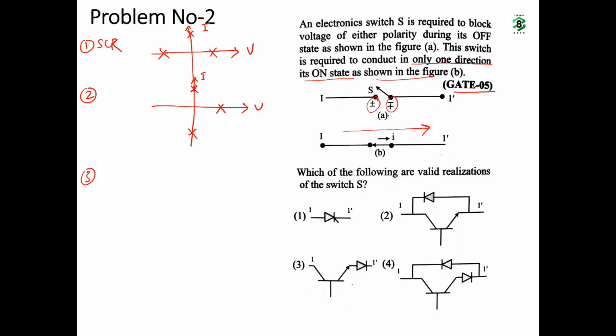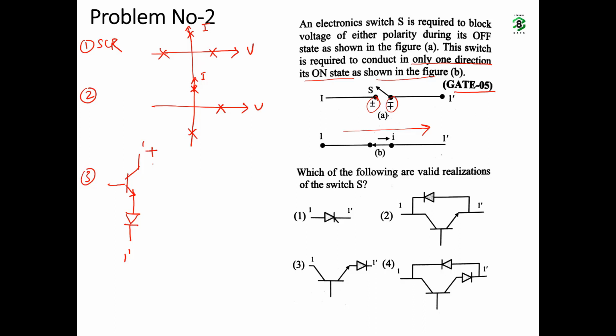Next, it is BJT in series with the diode. Let us understand this one. This is BJT. So BJT's property is that it will block only one polarity of voltage.